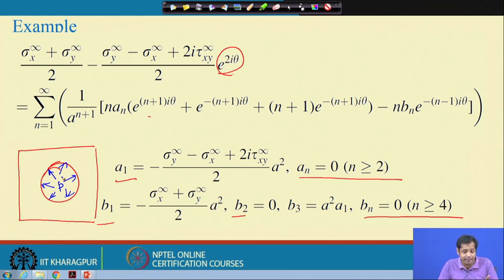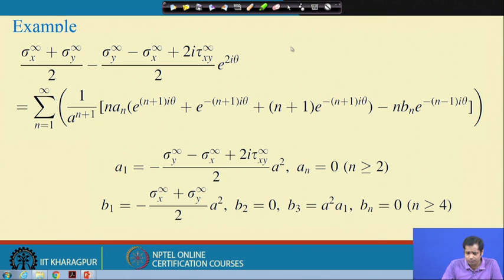In that case, you have to write that stress in terms of the traction that we discussed, and substitute that traction value here, and you will get a slightly different form. Then you again do the same exercise, compare term by term and get the expressions for these constants.